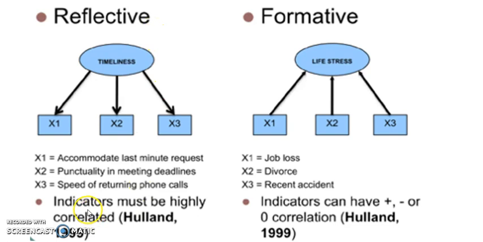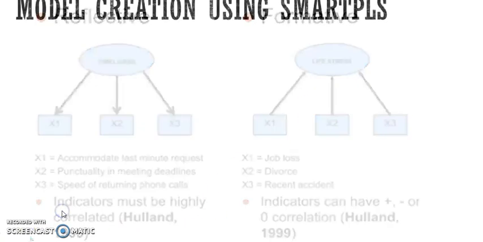And according to Hair, indicators must be highly correlated. On the other hand, for a formative indicator, for example life stress, indicators like jobless, divorce, and recent accidents will cause life stress. So this kind of measurement is called formative indicators.